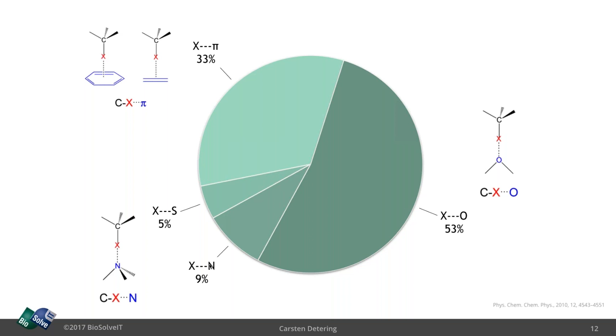Because this is a very small number, one might argue that this might drown in the noise, but at least it gives a little bit of a better picture of the distribution for this type of interaction.